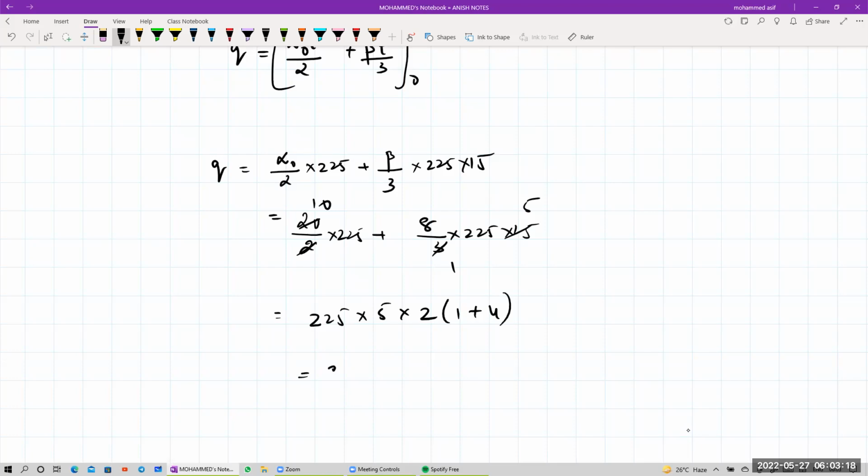So what does this become? 2250 into 5, that is 11250 coulombs of charge. Isn't it? So that will be the answer. Understood? Got it?